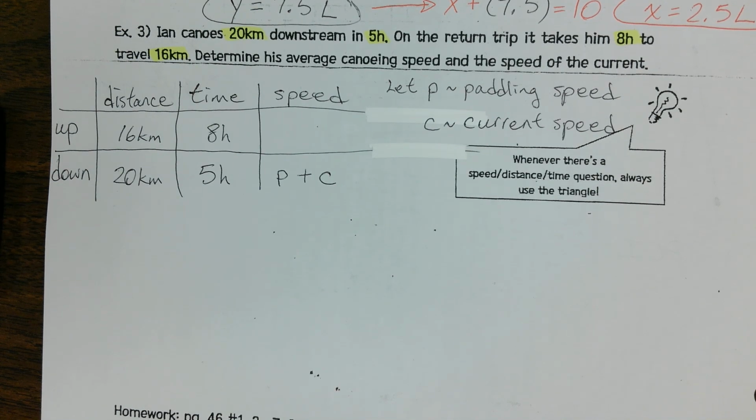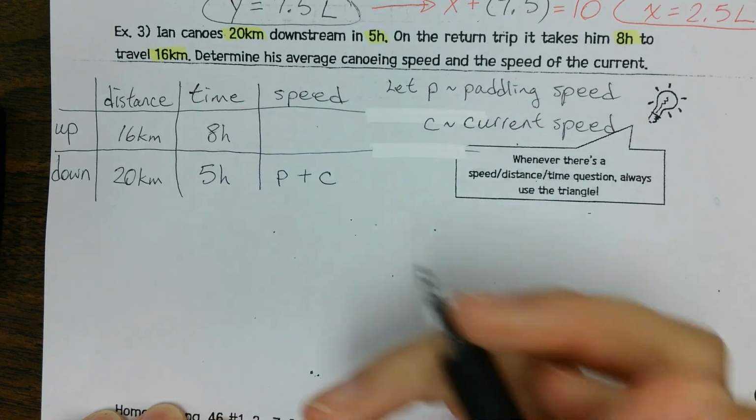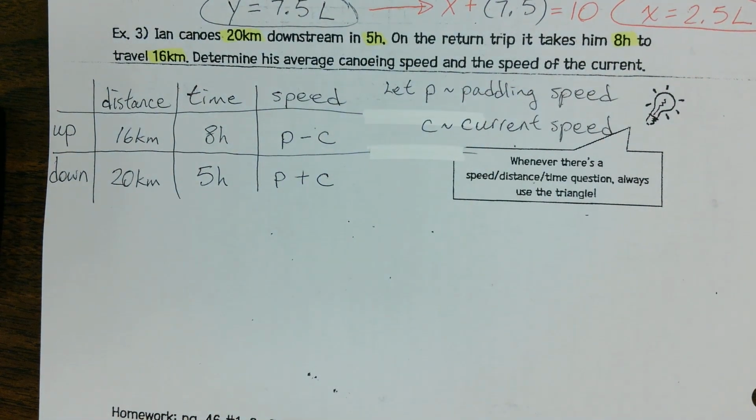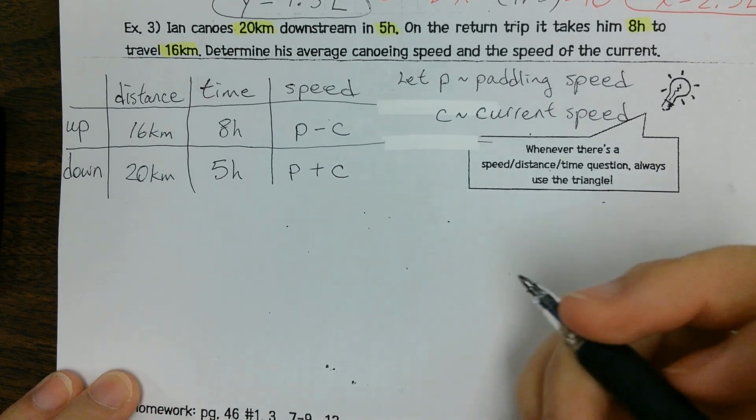So in that case, what is upstream then? Yeah, it's slowing you down. So what should I write here? P minus C. Excellent. Does it make sense? Okay.